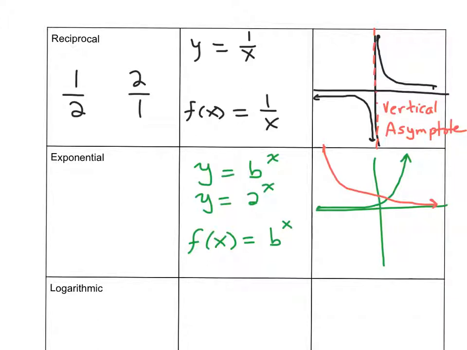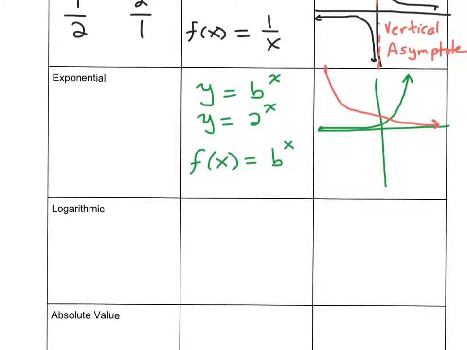The next one we'll look at is what's called the logarithmic function. From algebra, you should have examined a little bit about exponential and logarithmic functions. So the logarithmic function we'll look at is just y equals log of x, or f of x equals log of x.